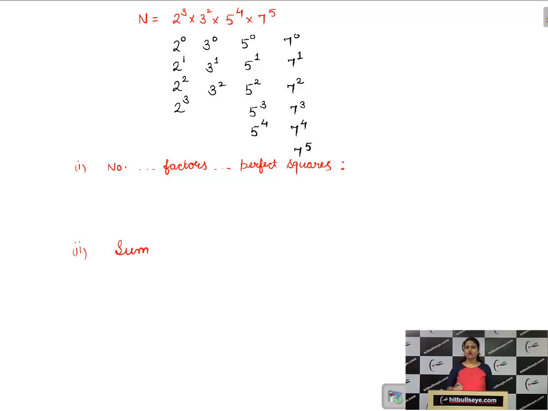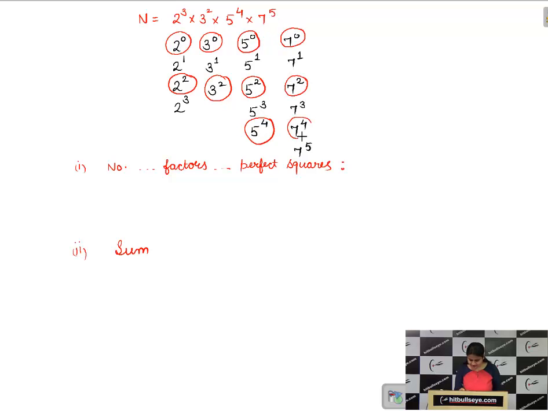We will take all the permissible powers, and they are 2 raised to power 0, 2 square, since we have even powers, 3 raised to power 0, 3 square, 5 raised to power 0, 5 square, 5 raised to power 4, similarly 7 raised to power 0, 7 square, 7 raised to power 4. So these encircled numbers are the permissible powers.